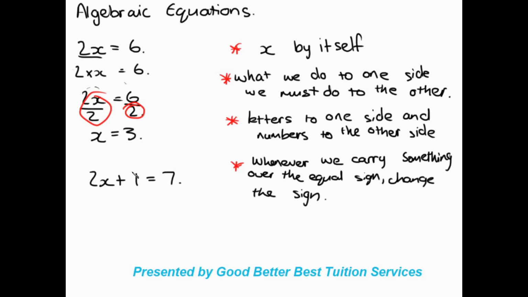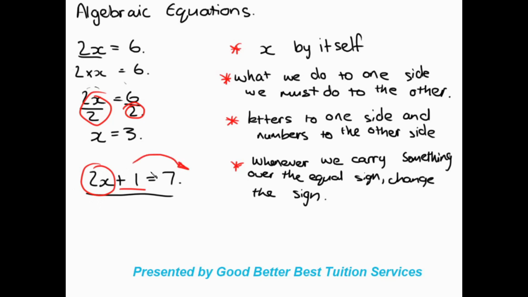So basically what I mean by that, I'm going to explain to you with this example over here, right? So if we want to get x by itself, okay? If we want to get this by itself, which is x, we're keeping this on the left, right? Because we want our letters on the left and numbers on the right. We're going to have to move this positive 1 to the other side of the equal sign.